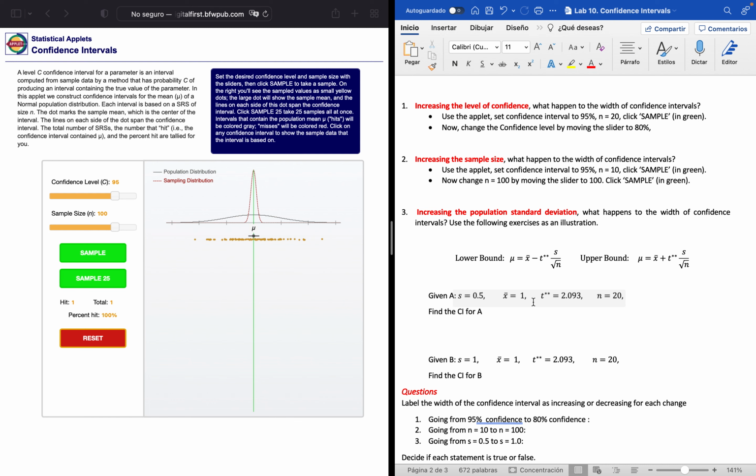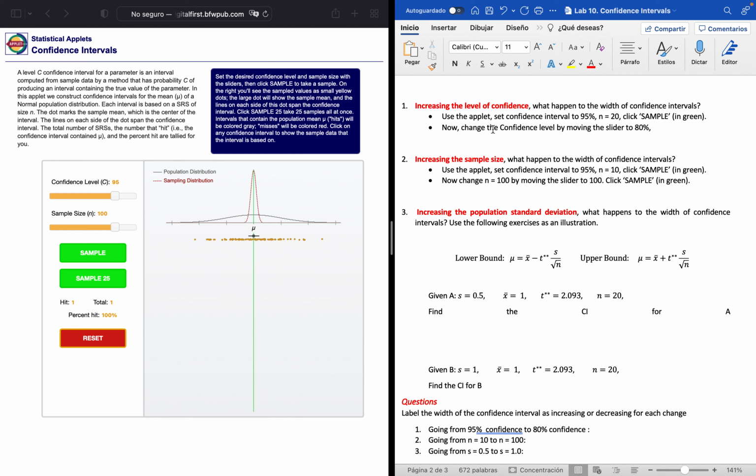In this case, n is equal to 20. You will have to compute this formula with these values.